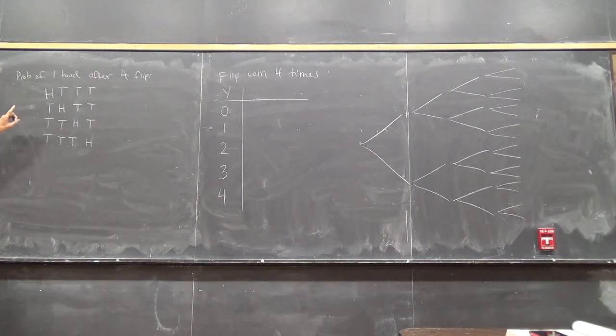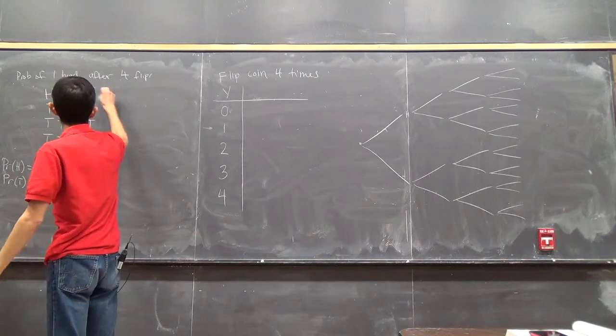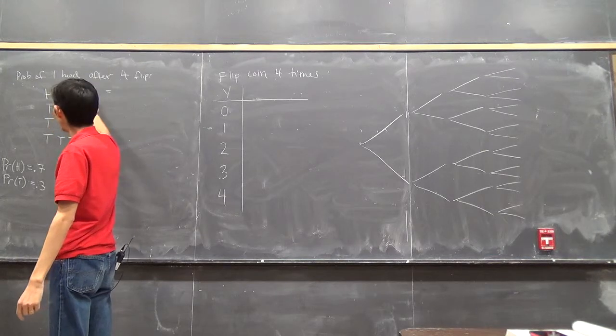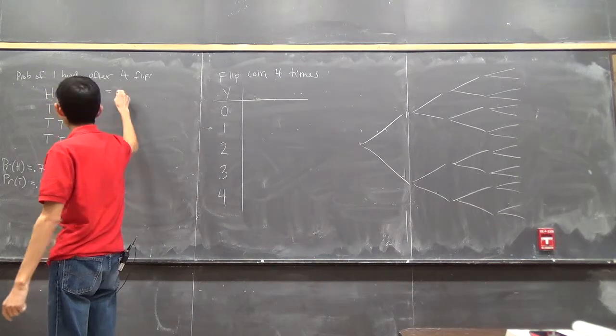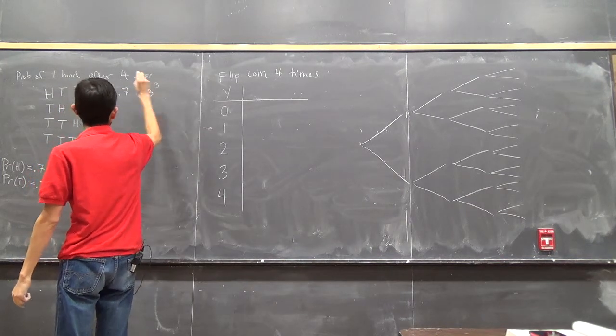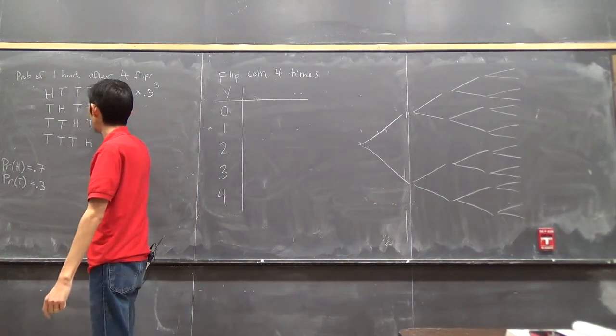Okay, and again, the probability of getting heads is 0.7, and the probability of getting tails would then be 0.3. So what is the probability of getting this exact sequence? It would have to be 0.7 times 0.3 times 0.3 times 0.3, so 0.7 times 0.3 raised to the third. What about this one?